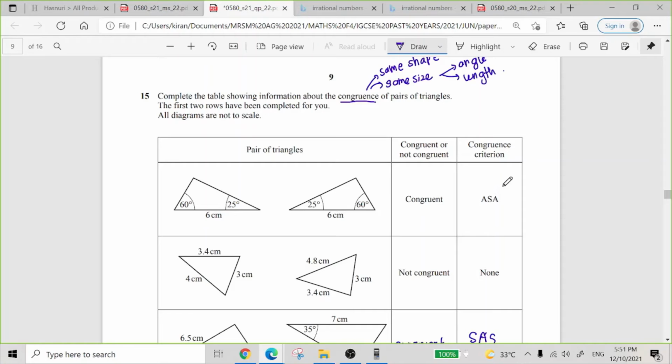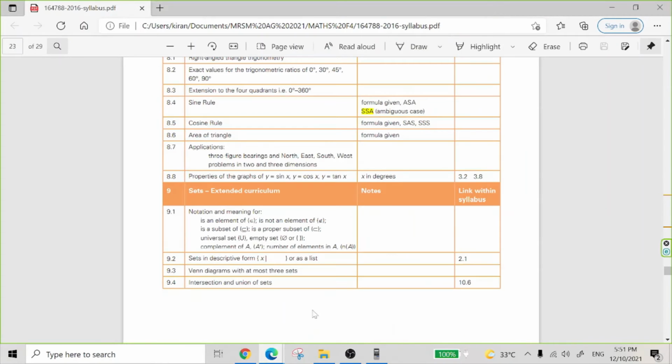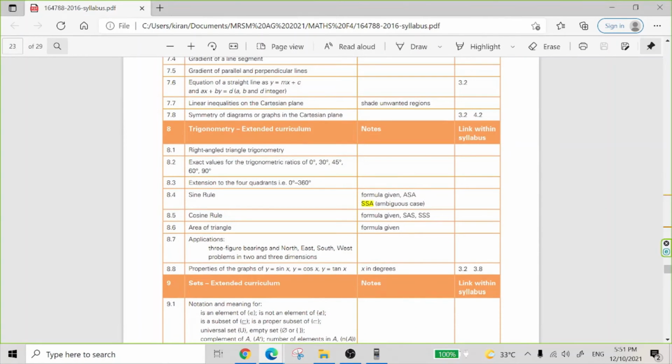So actually this part is already included in our syllabus. Okay, what does it mean by ASA? Which means that angle, side, and angle. Okay, if you refer to the syllabus, it has a part of SSA, ASA, and also SAS, SSS.